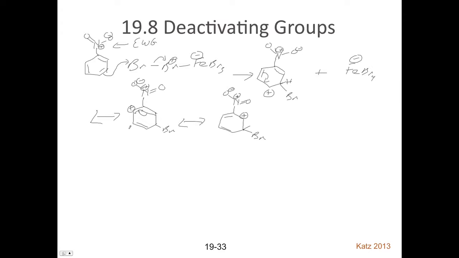So we don't need adjacent carbocations to have some stability with our deactivating groups. We can easily get stabilization through extended conjugation, which is what we've been selling this entire time. That's the reason why it's so stable.